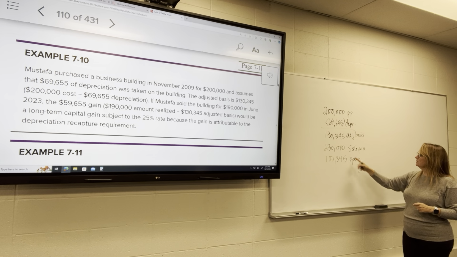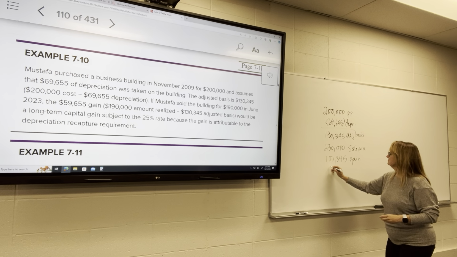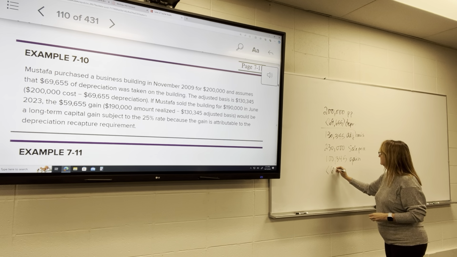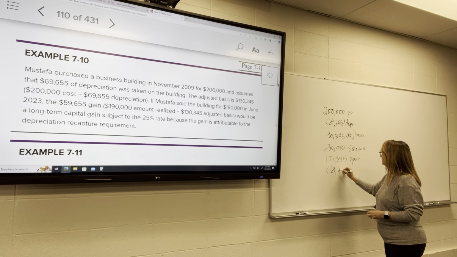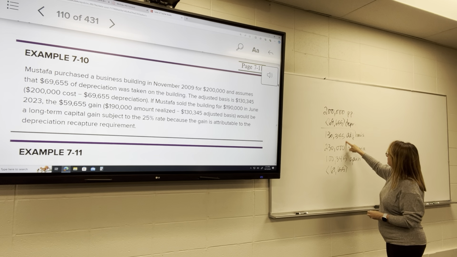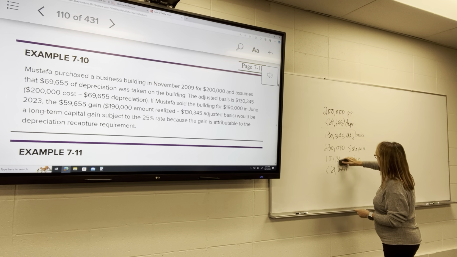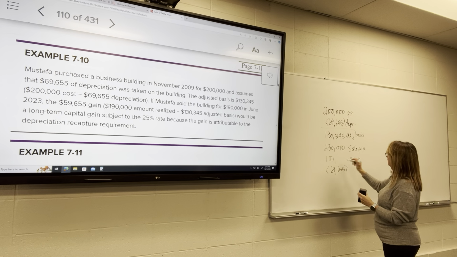So what you can do when you calculate the gain is subtract the depreciation. I get that right, adjusted basis. Oh, I subtracted that wrong, didn't I? I'm sorry, this is not the right gain. This is probably 655, because I was subtracting that.